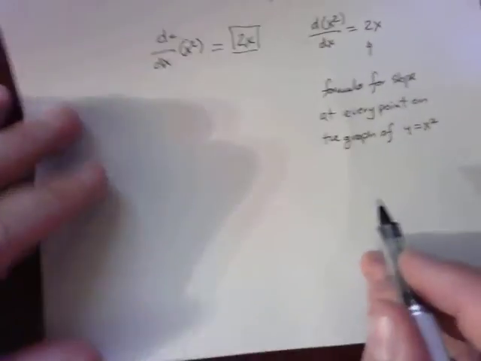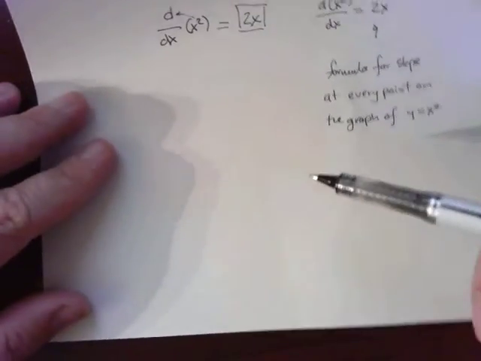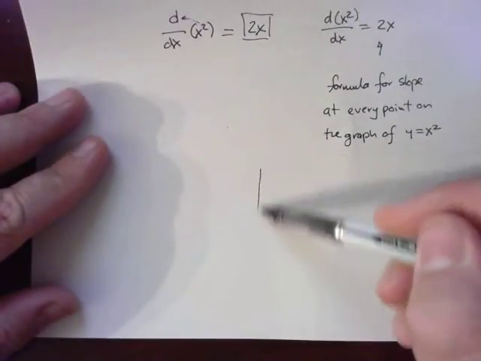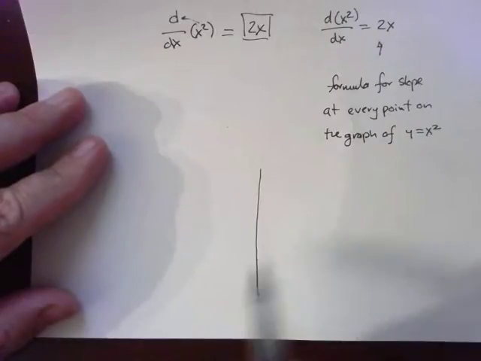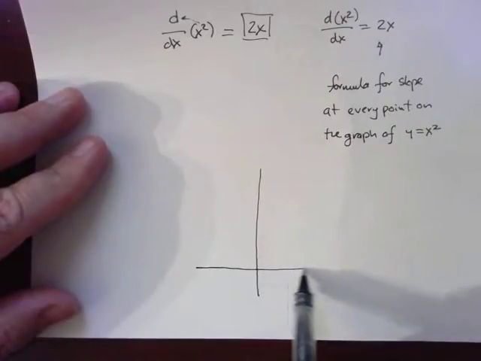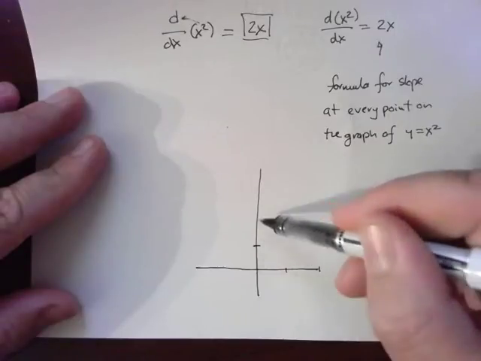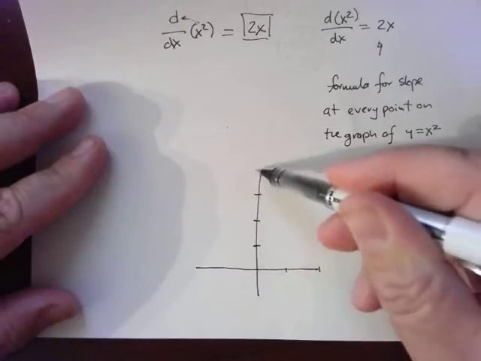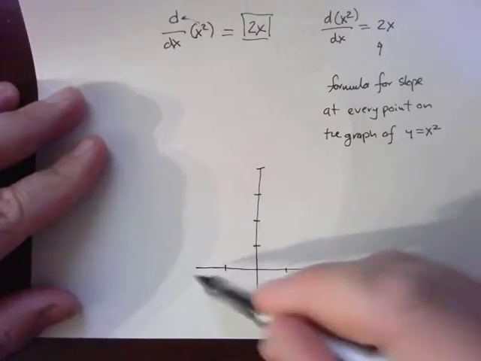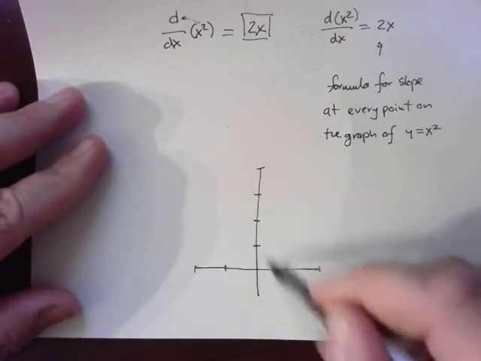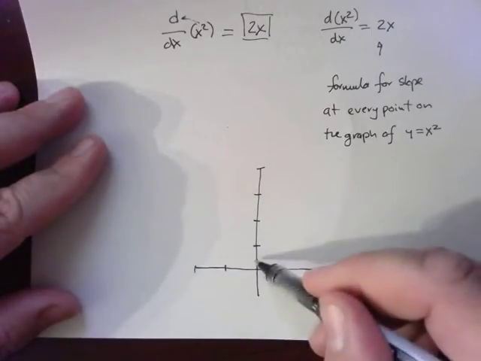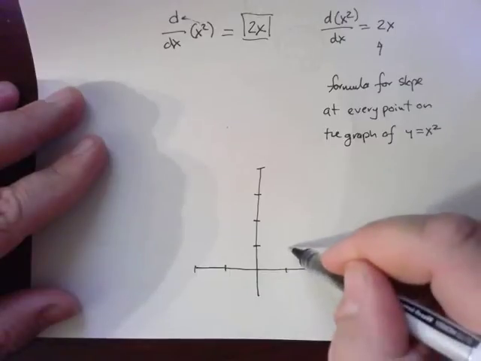So if I draw a reasonably good graph of y equals x squared, you know what this looks like. It's just a standard parabola. If I draw a pretty accurate graph, and remember, if you're going to visually interpret slopes, the scales have to be the same. So I'm trying to make 1 unit up here be equal to 1 unit over.